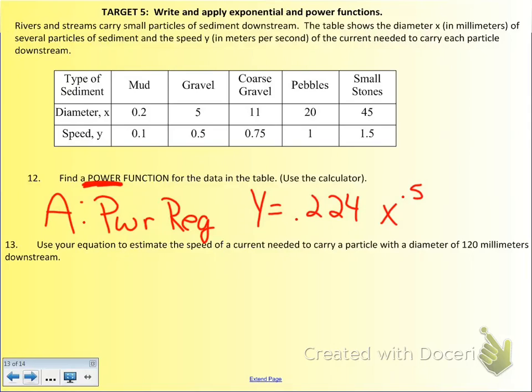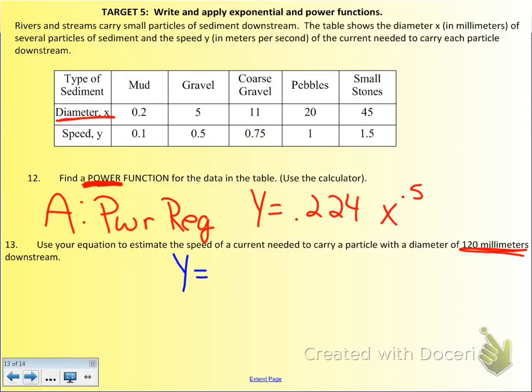Number 13 here, use your equation to estimate the speed of a current needed to carry a particle with a diameter of 120 millimeters downstream. So they're giving us 120 millimeters, which is a distance. We see that the diameter here is x, so that means we're going to plug it into x in our equation.